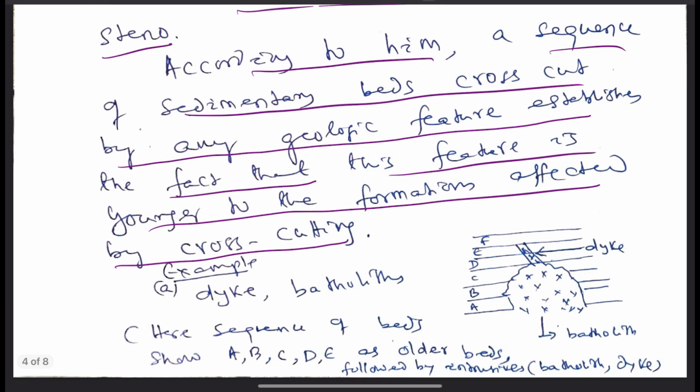For example, dikes and batholiths. This is sedimentary sequence A, B, C, D, E, F. Normally A will be the oldest and F will be the youngest. But this sequence has been cross-cut by the batholiths and the dikes.